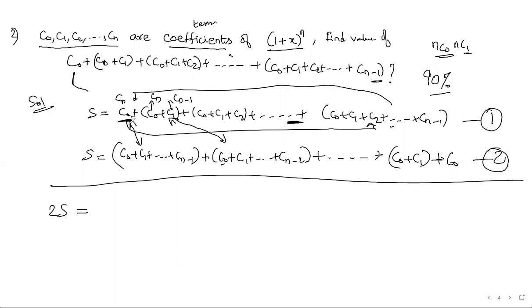In the right hand side, if you add simultaneously the first terms of both the summations, C0, C1, C2, C3 and so on, Cn minus 1 will be there. Here Cn is also there. So all the coefficients from C0 to Cn, everything will be there in this bracket.